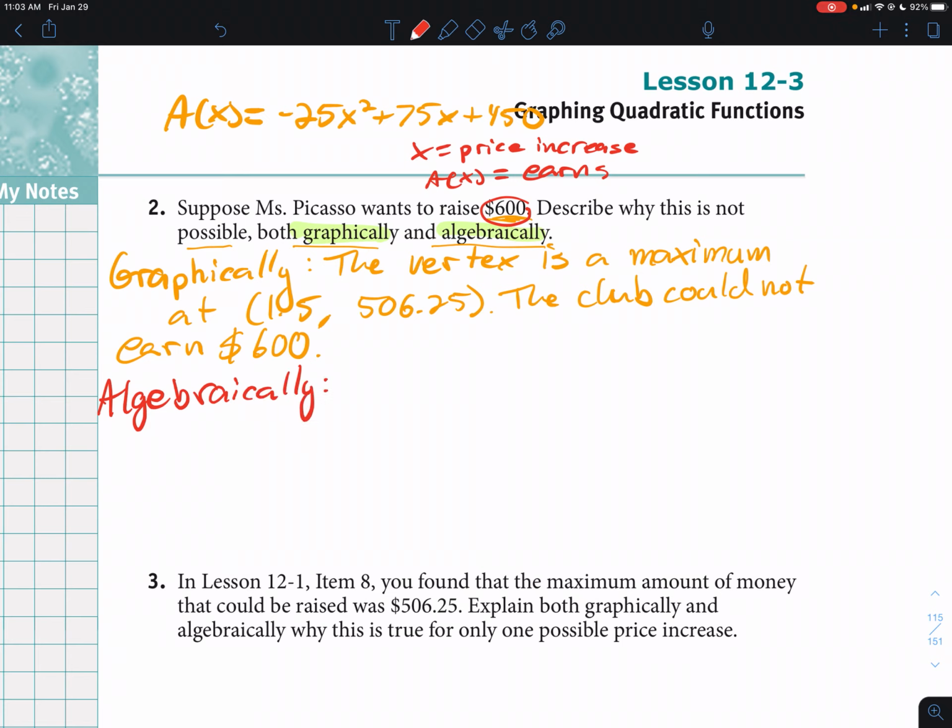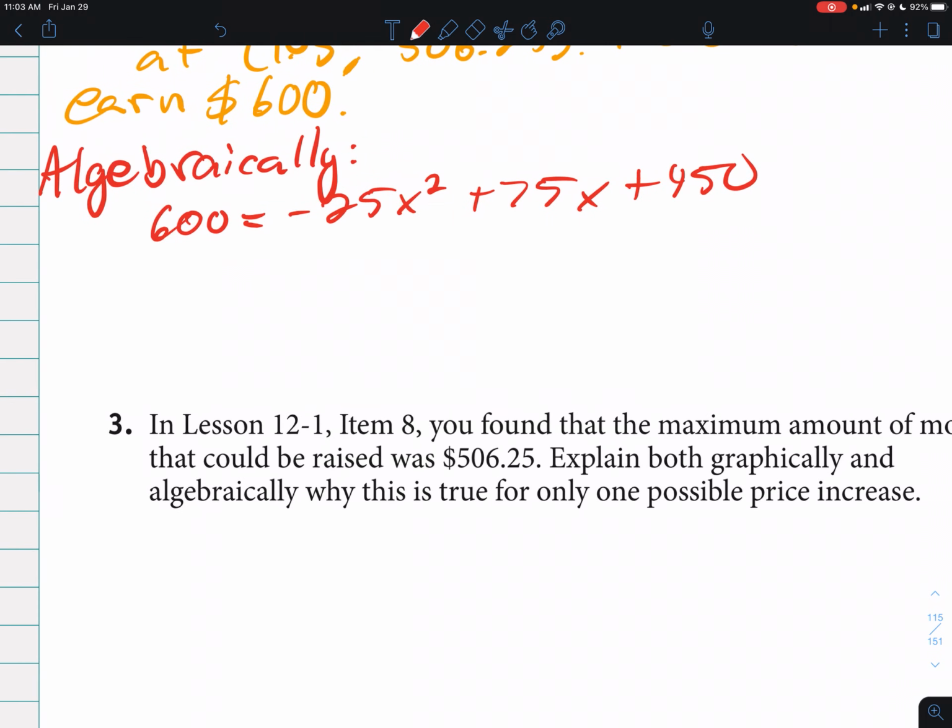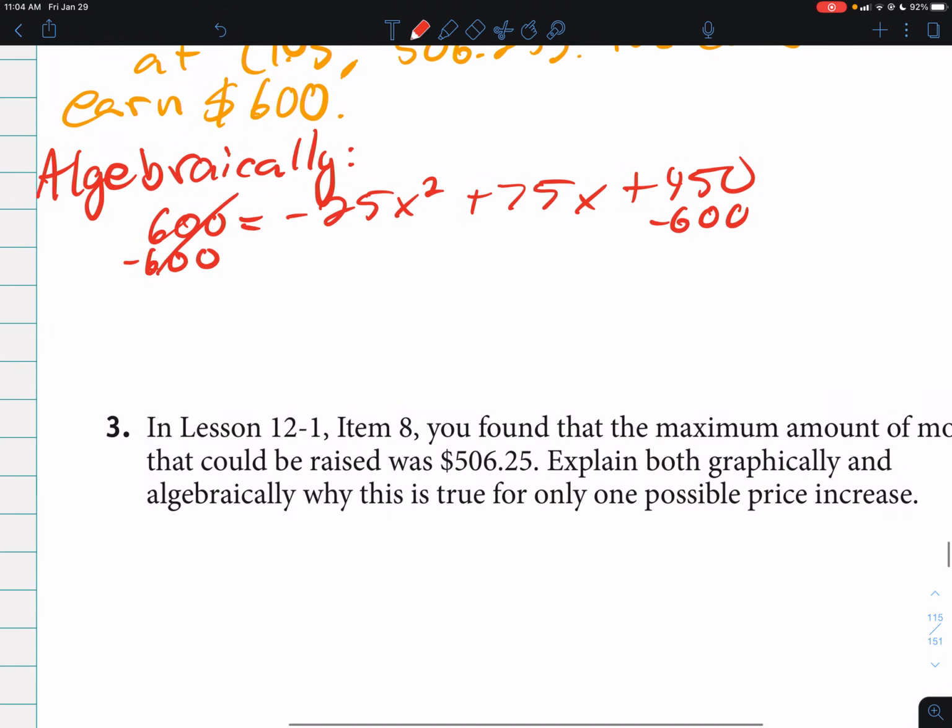So it's going to be 600 equals negative 25x squared plus 75x plus 450. And like I said earlier, we've got to make it equal 0 first. So I'm going to subtract the 600 to get 0 over there. And then 450 minus 600 is going to be negative 150.